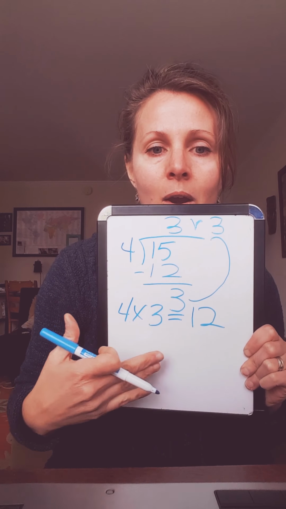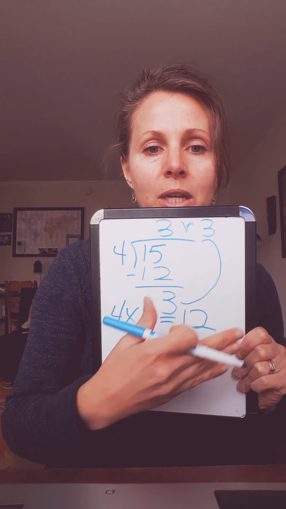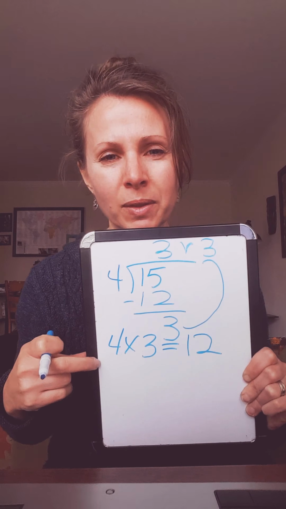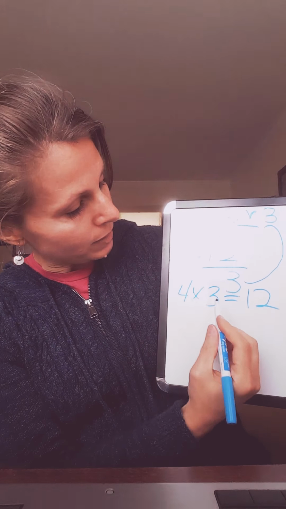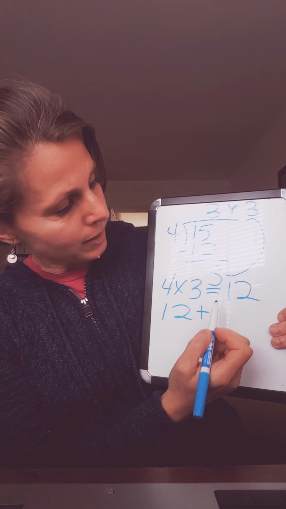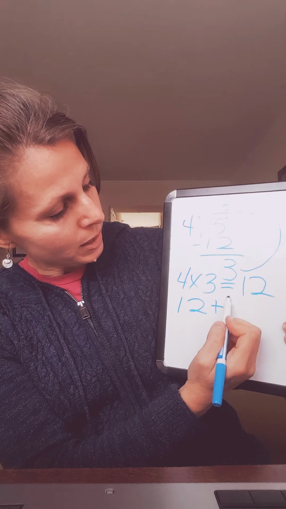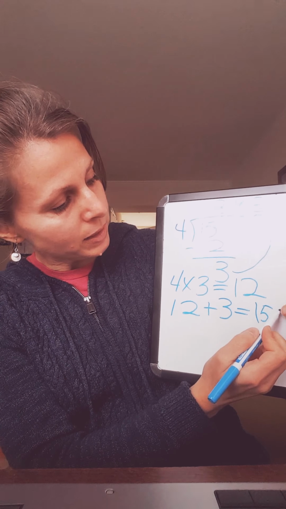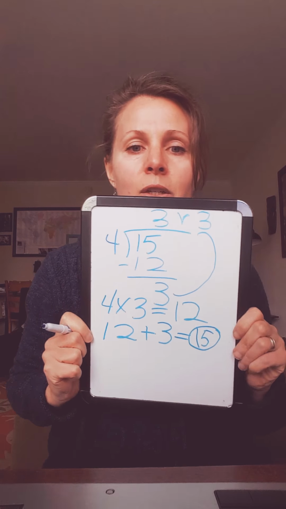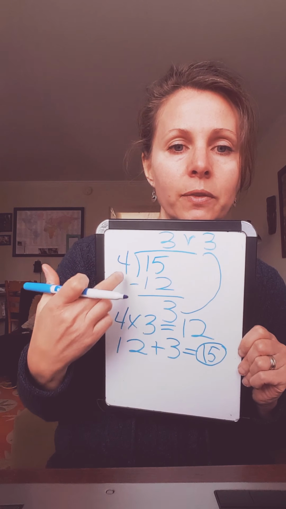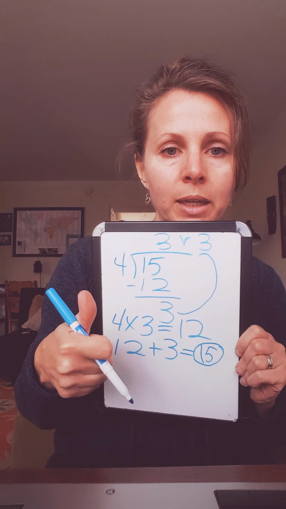We have to take our first step of multiplication and add the remainder back on to see if that matches our dividend. We've done this once before. So we'll take that 12 and add the remainder. Our remainder was 3. And then we do get 15. Does 15 match our dividend? It does. If it does, then we did the problem correctly.